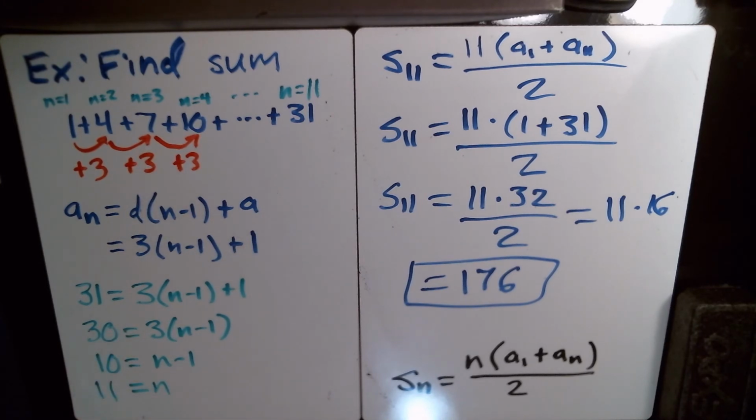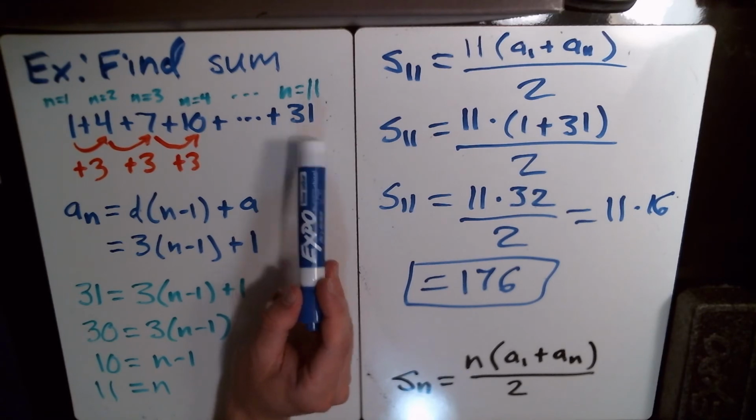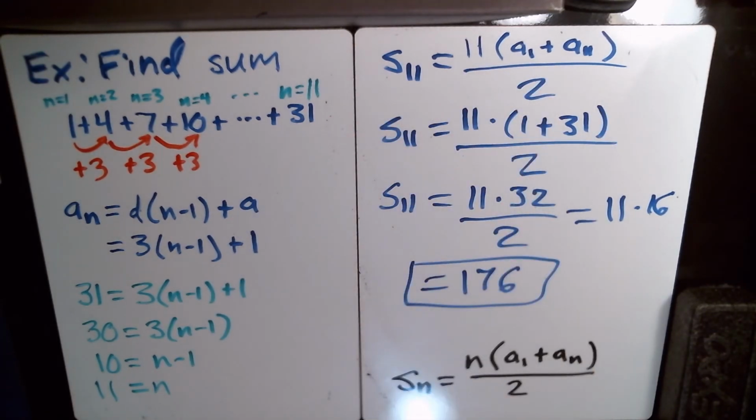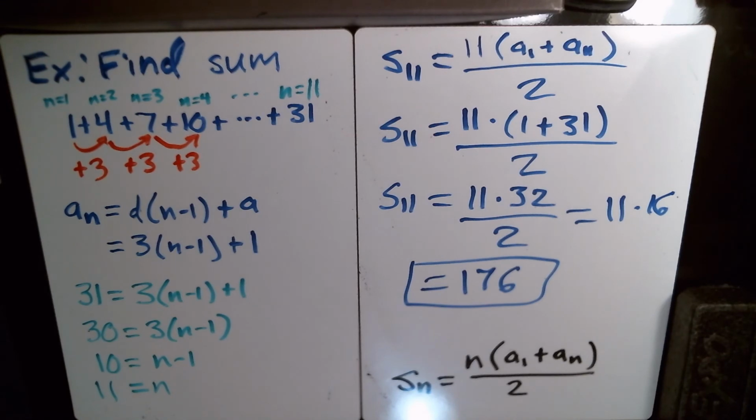And so you write an equation for the arithmetic sequence, and then you use that to find what your last term is, which n that was, and then you just plug everything into the formula to figure out what this sum would be.